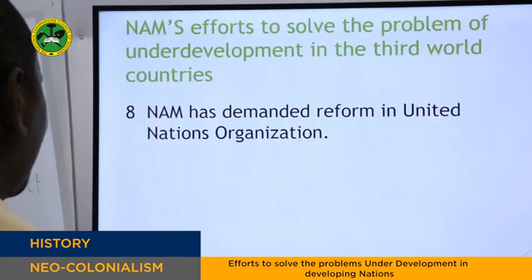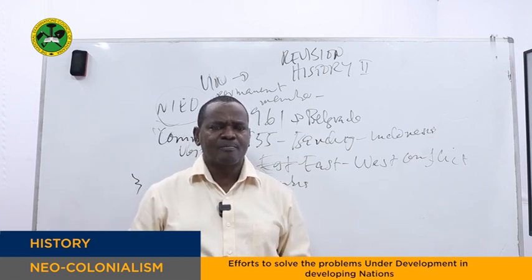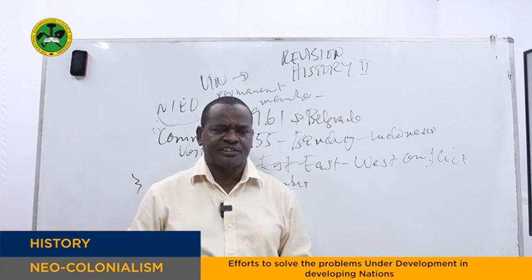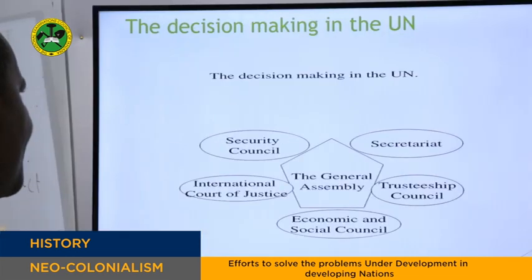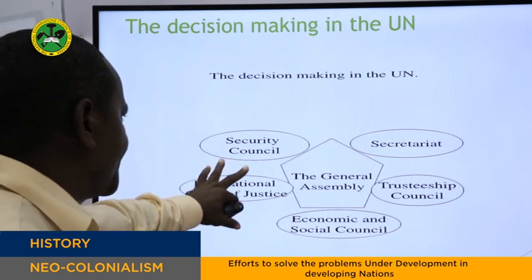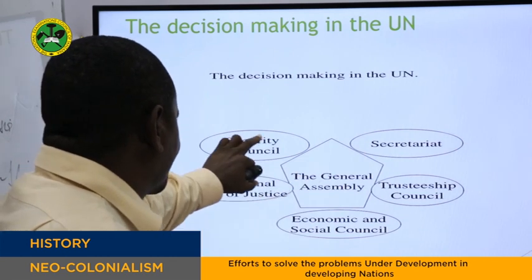So the non-aligned movement wanted reform in the United Nations, at least to give more power to the third world countries, at least to have a permanent representation in making major decisions. My dear students, this is the decision making in the United Nations, as you can see on our screen. Decision is always made by the Security Council.